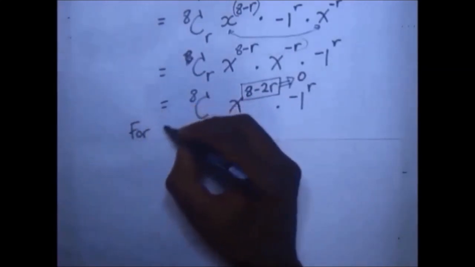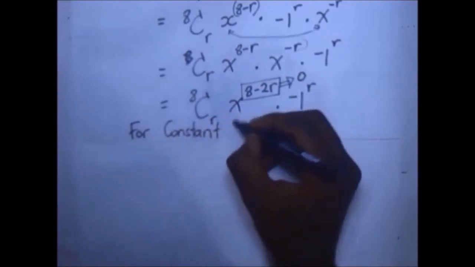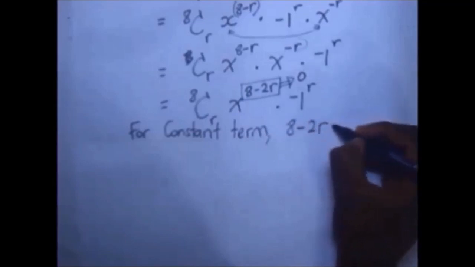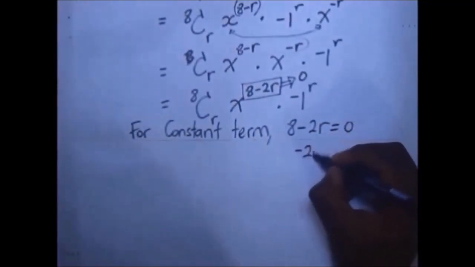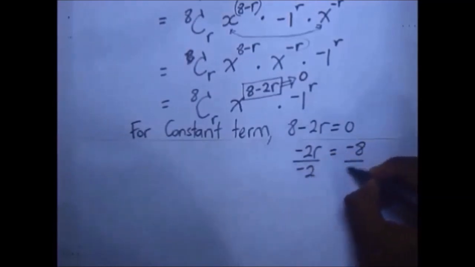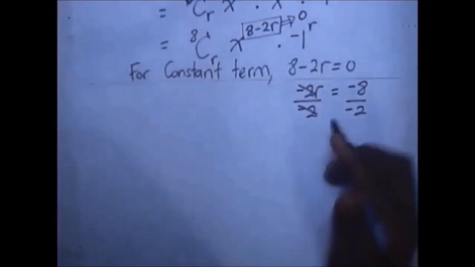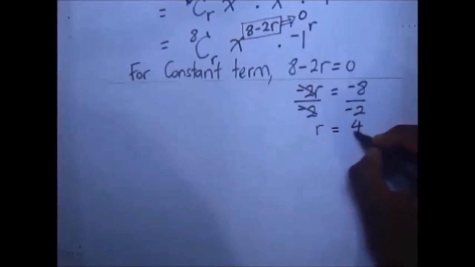So for constant term, 8 minus 2r should be equal to 0. This means that negative 2r is going to be equal to negative 8. Divide both sides by 2, and you end up with our value of r giving us 4.